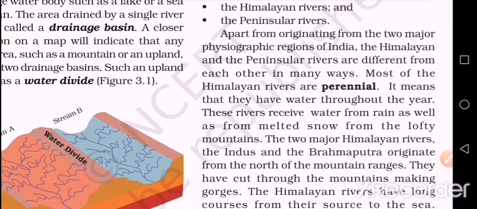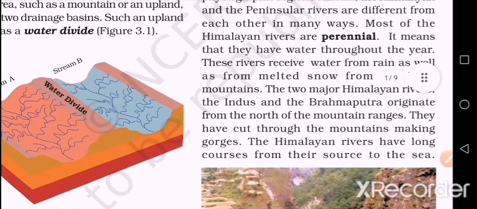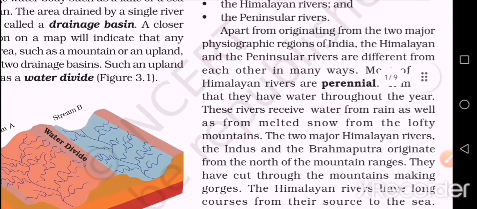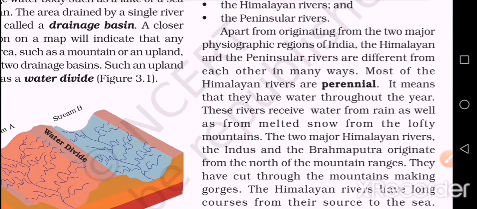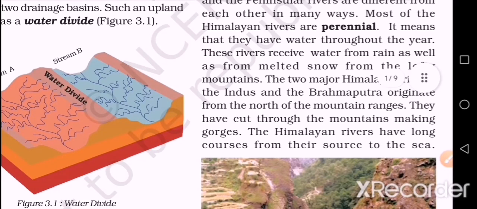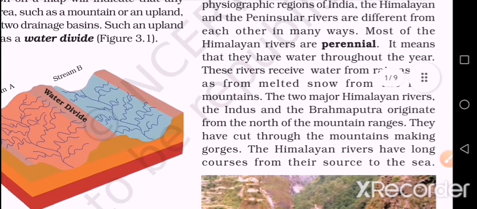And these are large course rivers. That means the path, the area it covers, will be larger compared to peninsular rivers. So Himalayan rivers will have a larger course.